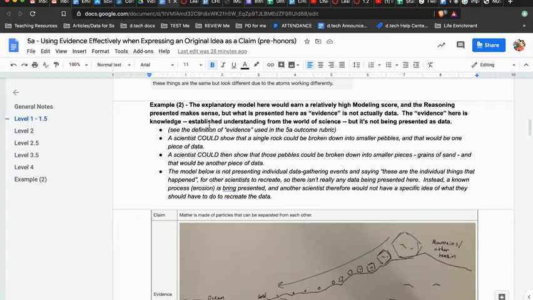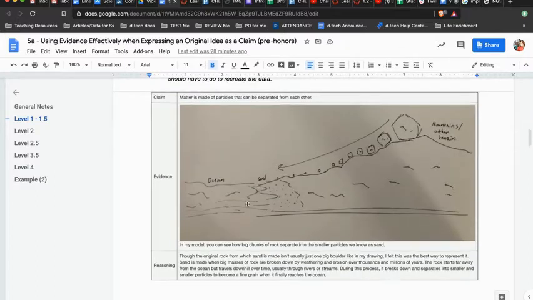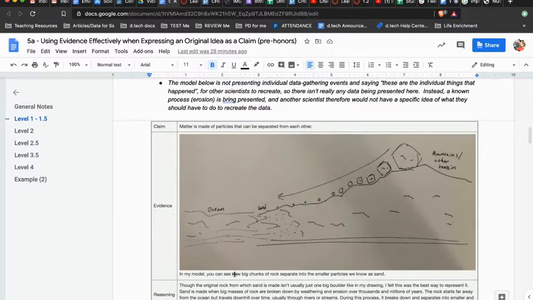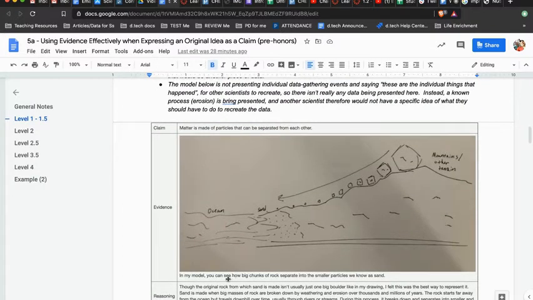In this example, this one's a little bit tricky. The model here would earn a relatively high modeling score, and the reasoning here does make sense, but the evidence that's presented is a bit too much of a summary of knowledge.